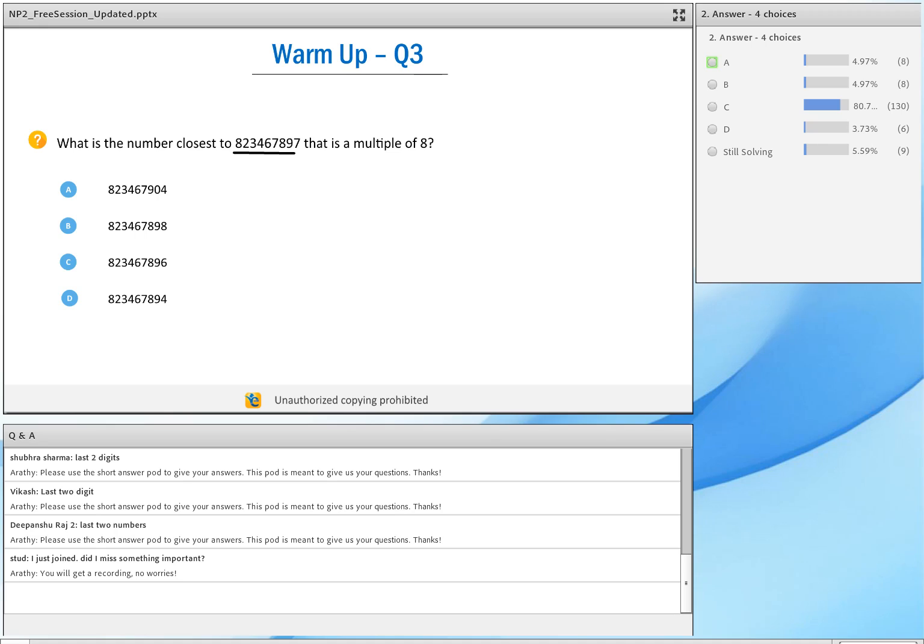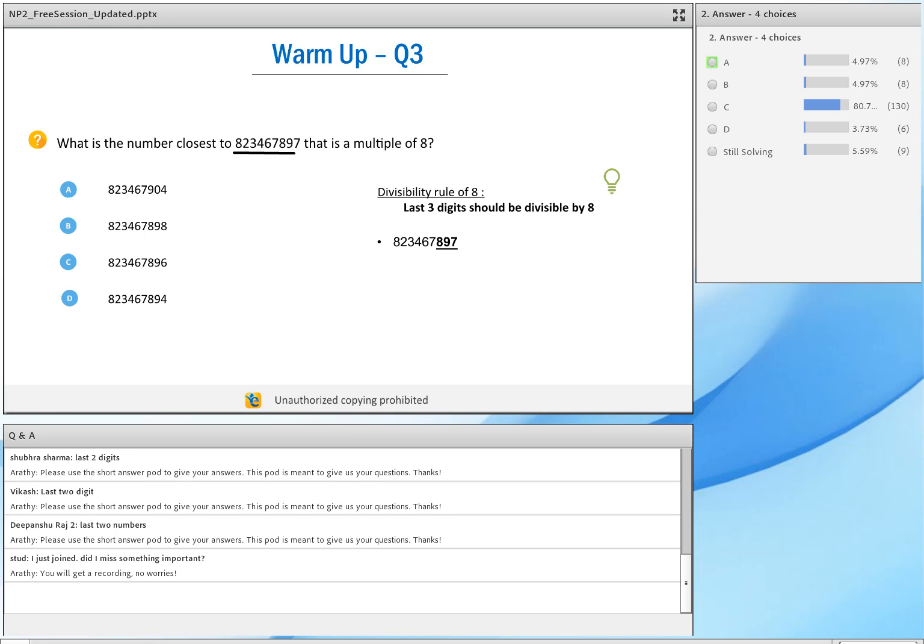of 8? So we go by the same thing. We say, hey, what's the divisibility rule for 8? It is that the last 3 digits should be divisible by 8. And we look at this and say, hey, it's around that 890 to 900-ish. So we look at the last digits and say, which one of these is divisible by 8?